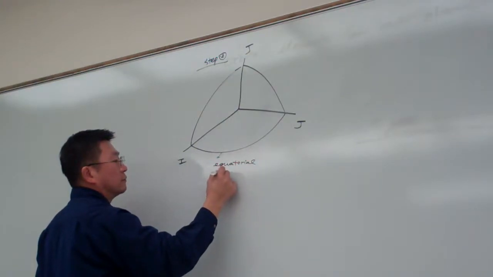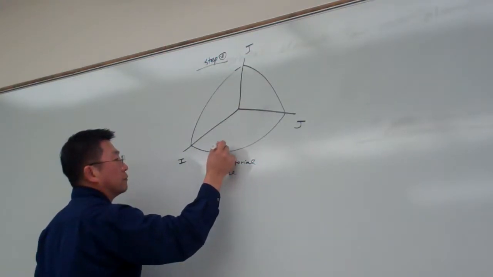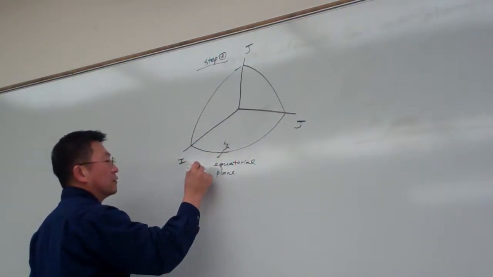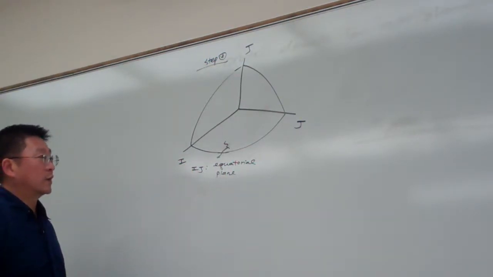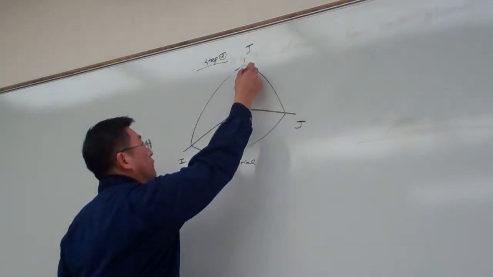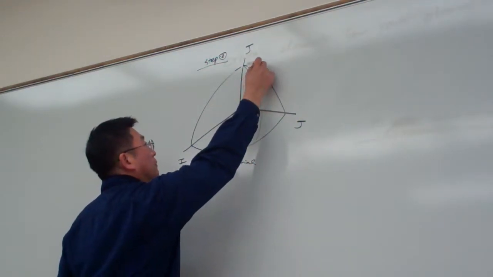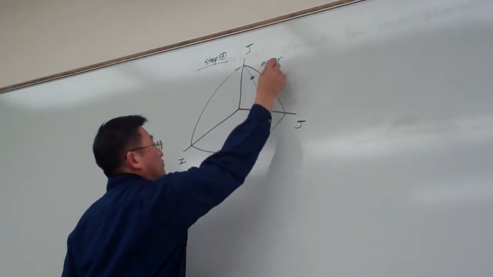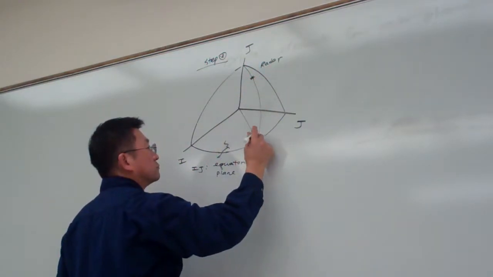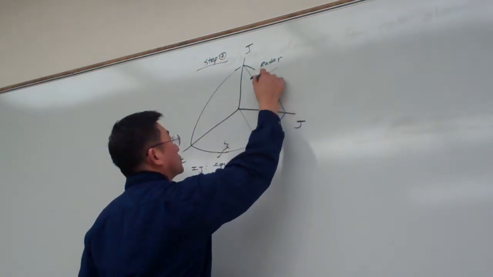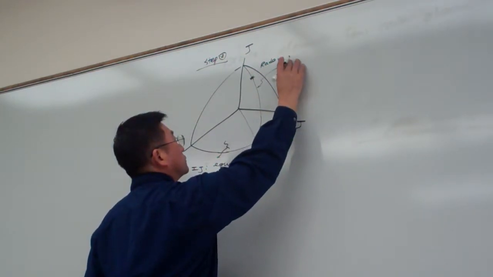So this is the IJ plane. IJ plane is the equatorial plane. Okay. So here, for example, our radar is here. So this is the longitude.